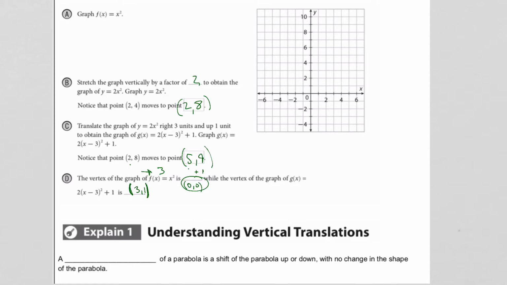So vertical translations. A vertical translation of a parabola is a shift of the parabola up or down with no change in shape. And we've actually already done this on the worksheets, but this is the formal notes for that.